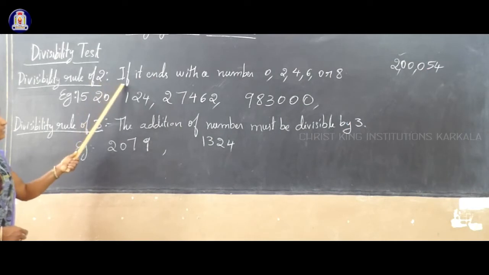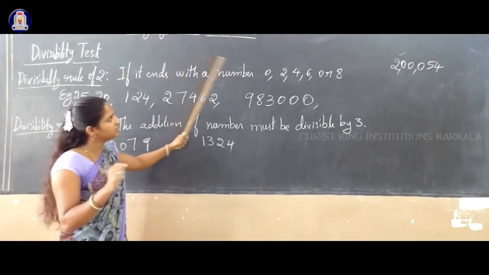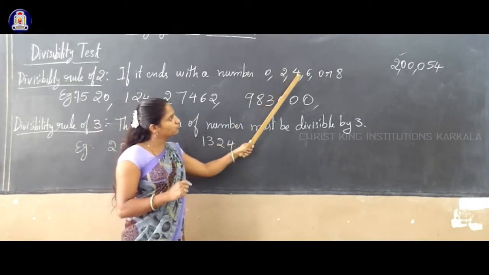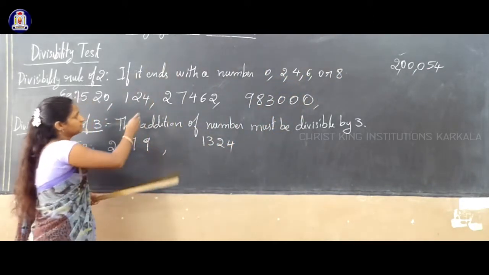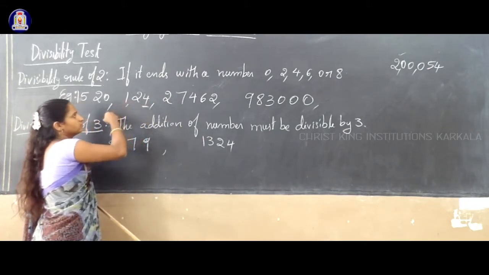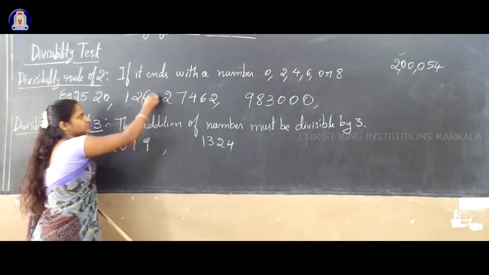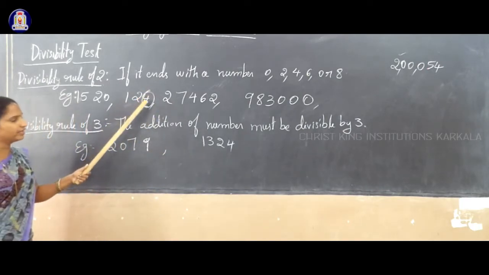So what is the rule? If it ends with the number 0, 2, 4, 6 or 8, okay? This is the last digit, if you get these numbers. Here in the second example, 124, the last digit is 4. So we can say that 2 divides 124.